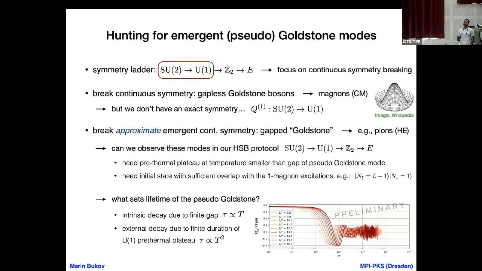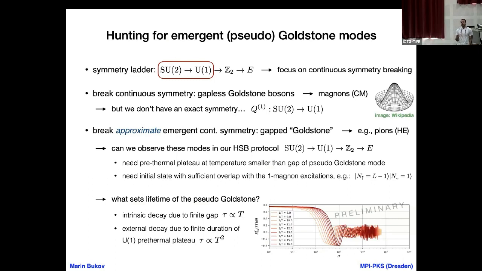One thing that we believe we could do is, by looking at the period of these oscillations and checking how they scale and also how they decay in time, we should be able to relate them to the properties of the pseudo-Goldstone mode in this approximately broken SU2 symmetry.